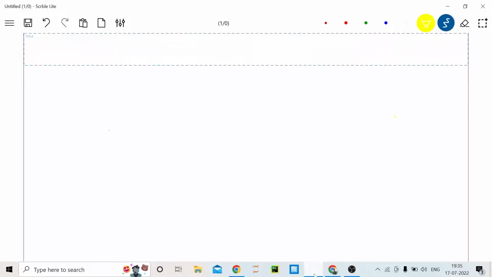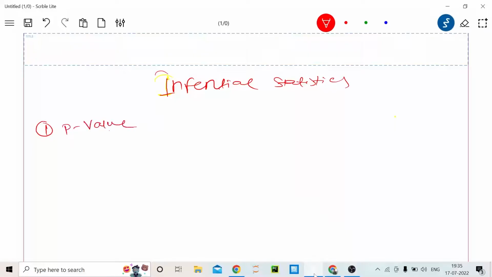I will tell you first: today's class will cover inferential statistics. Inside inferential statistics, first we will cover what the p-value is. Number two, hypothesis testing.